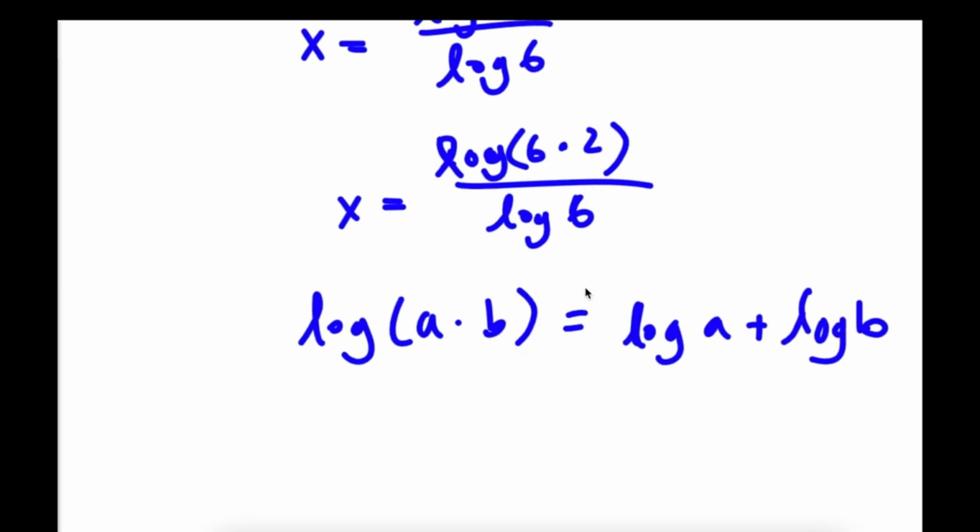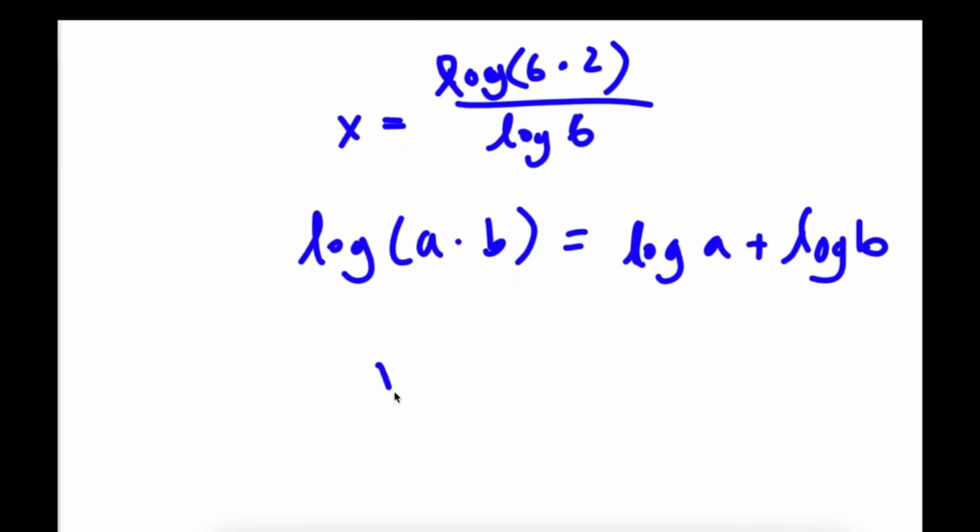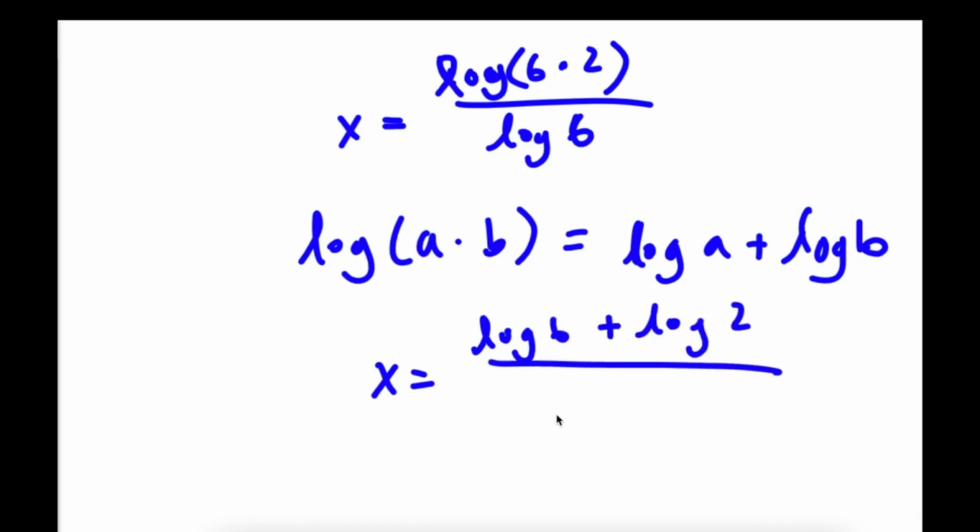And the same obviously applies vice versa. So for x is equal to log 6 times 2, log 6 times 2 would be equal to log 6 plus log 2. And we're dividing this by log 6.